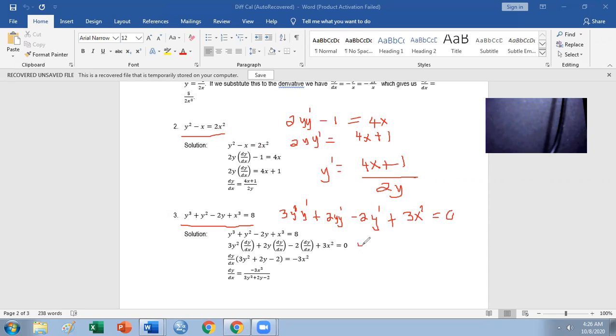So I can factor y prime. So this is 3y squared plus 2y minus 2. And then I can transfer what? Negative 3x squared.